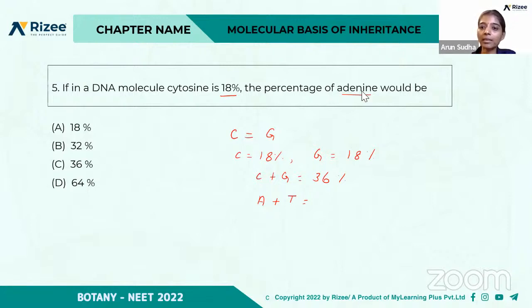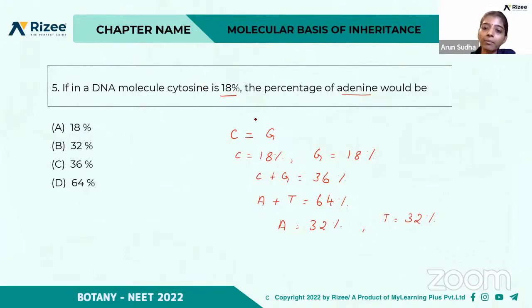Yes, B is the answer. A plus T will be 64, because together they form 100. Then what they asked is the percentage of adenine. So adenine is half of it: 32% adenine, and thymine will be 32. Are you clear with this? Based on the Chargaff rule, cytosine is equal to guanine.